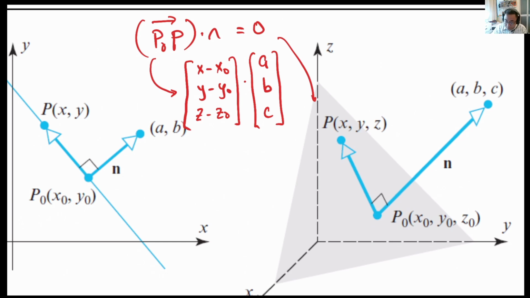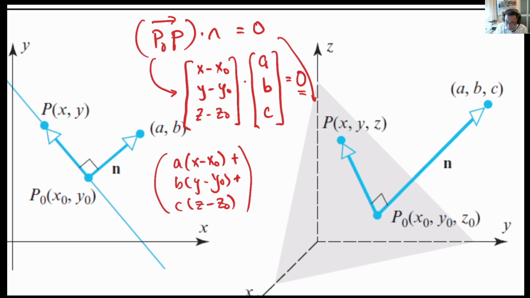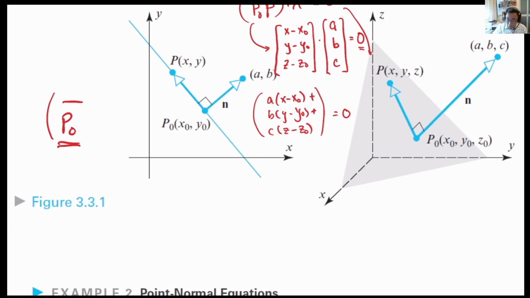A vector dotting with another vector will give you a scalar. When n is normal to P0 P, the scalar is 0. We open up the expression and we have a(x minus x0) plus b(y minus y0) plus c(z minus z0), and the whole expression equals 0. Continuing, we have ax minus ax0 plus by minus by0 plus cz minus cz0 equals 0.